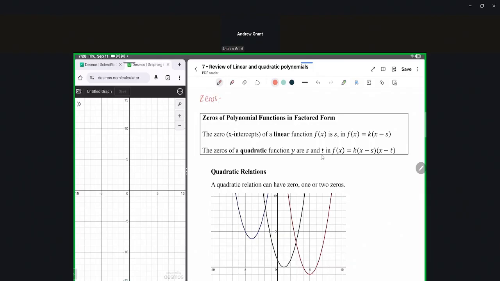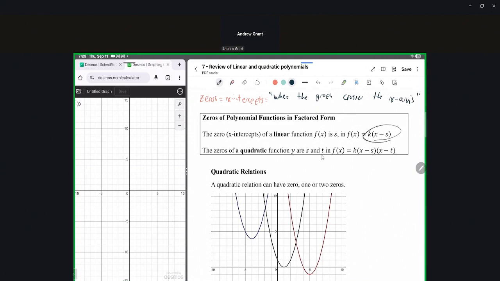So zeros equals the x-intercepts, which equals the quote, where the graph crosses the x-axis.